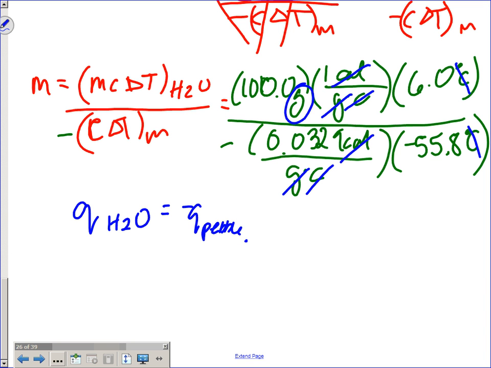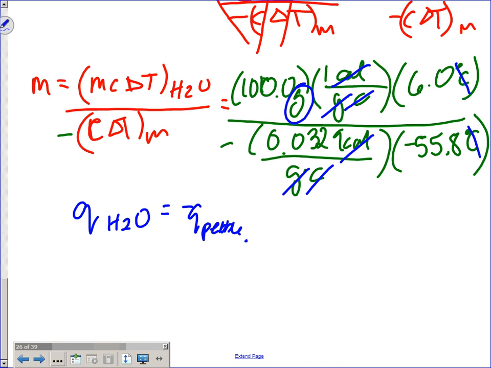Guys, on number 3 on the problem set, just look at this one factoid up here. It says water and it says pebble, right? They don't give us any information about the pebble, but they say the pebble is hot, the pebble gives energy to water, and the water's temperature goes up. So if the pebble is hot, it's losing energy to the water, which is not as hot, so the water is gaining energy.